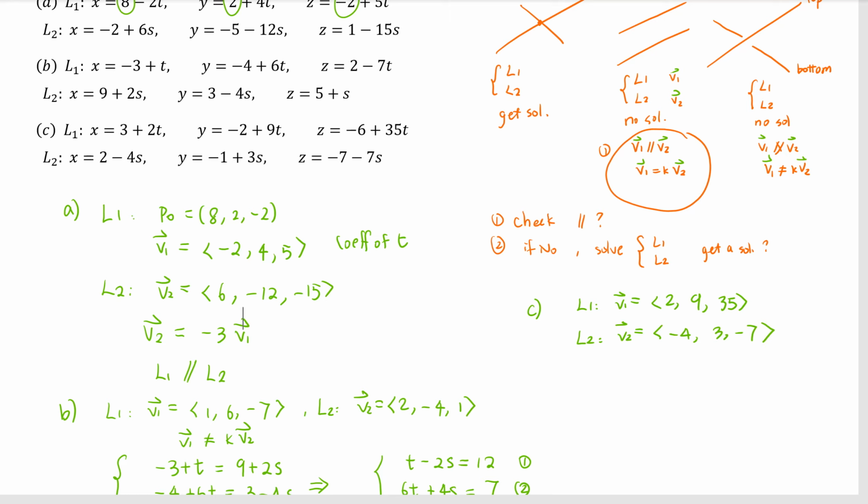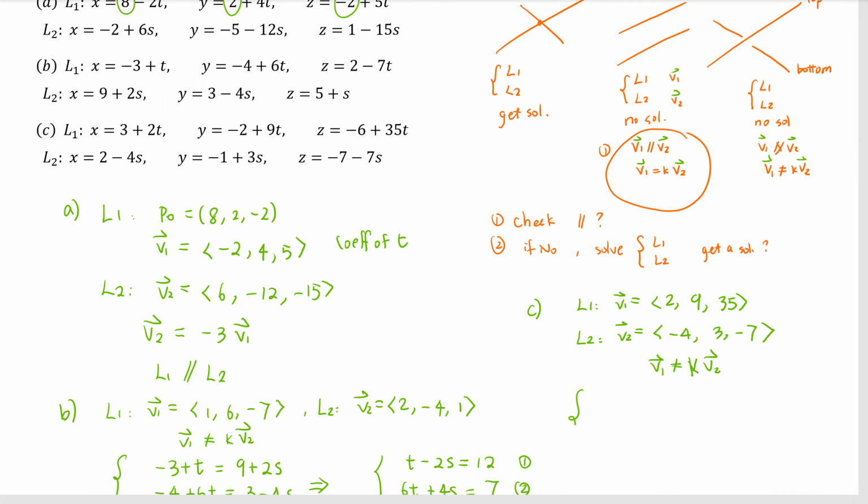So let's see. V1, let's try 2 times negative 2 is minus 4. But 9 times negative 2 will give us negative 18, which is not 3. So we know V1 is not a constant multiple of V2. So they are not parallel.